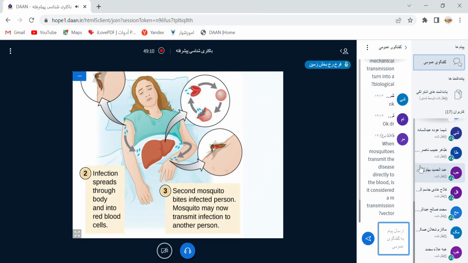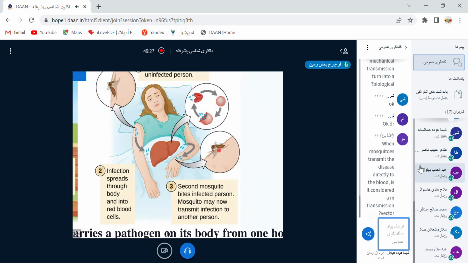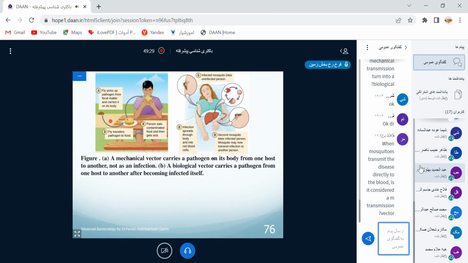Some parts of the life of the pathogen are completed in the body of this mosquito. So this mosquito is infected, but this fly is not infected. It is the difference between mechanical and biological vectors.